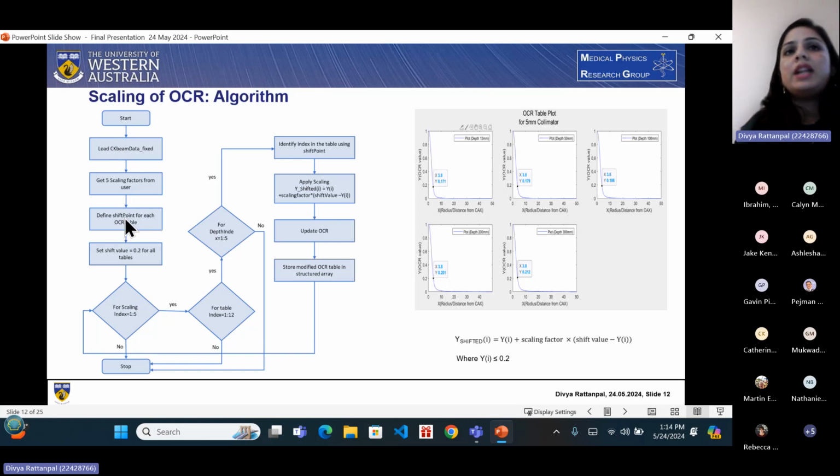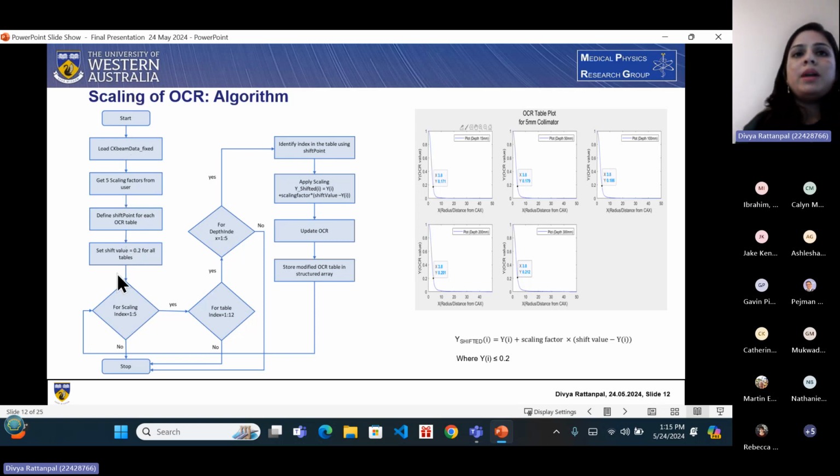I have defined the 12 shift points for the 12 OCR tables based on the X value, under the condition Y is less than or equal to 0.2. After that, the shift points are defined. The shift value, that is the Y value, I've set to a fixed 0.2 for all the tables.